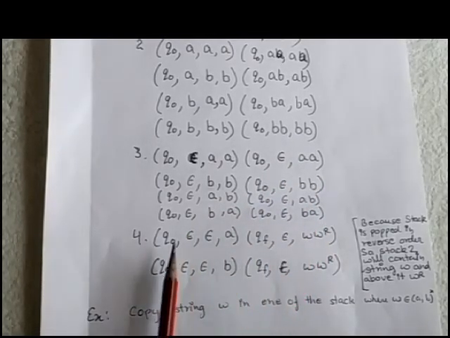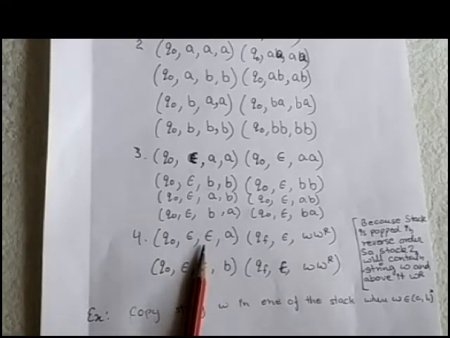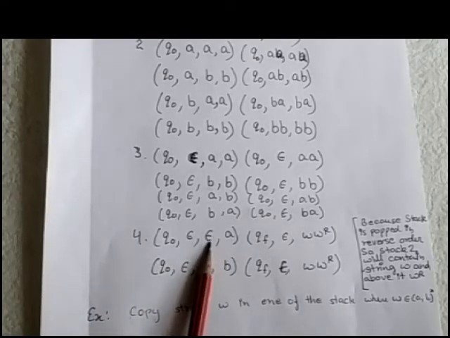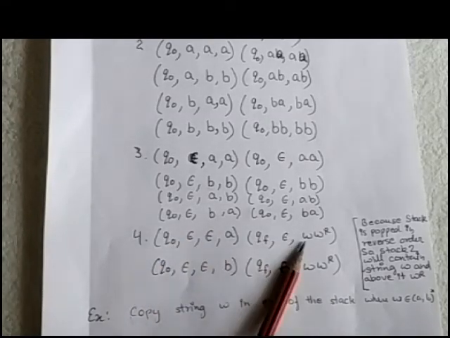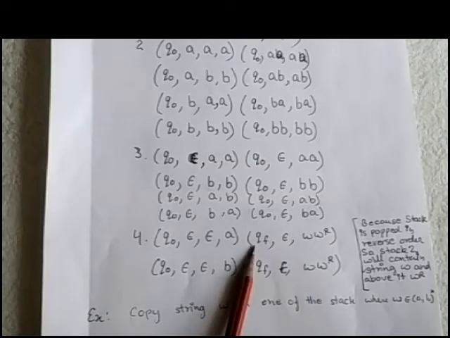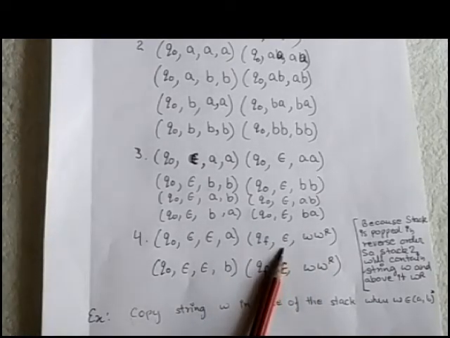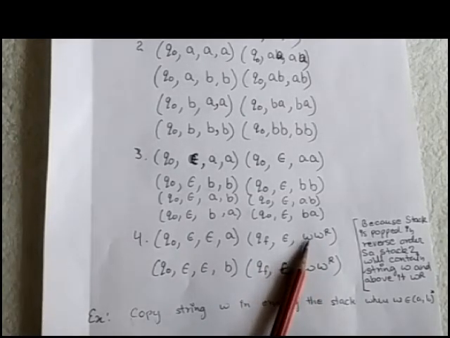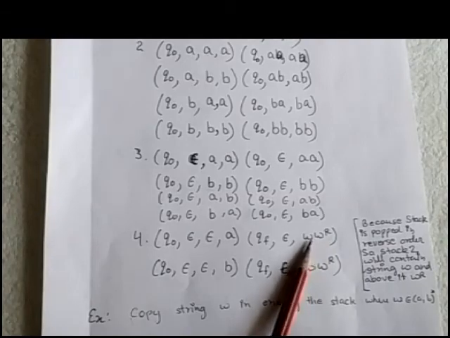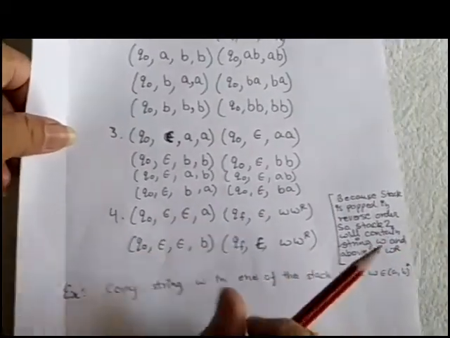Okay. So after reading the entire string, after popping all the symbols of stack 1 and pushing all the symbols on stack 2, what will happen? We will go to the final state. Stack 1 will be empty, but stack 2 will contain WR. Means this WR will be the top of stack 2.